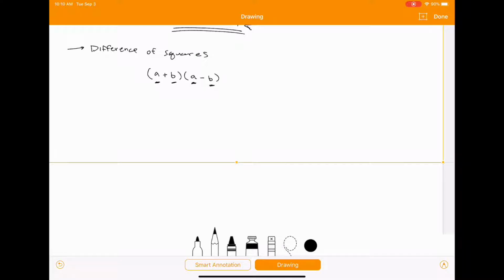So one's going to be plus and one's going to be minus. All right, and when that happens, all you're going to be left with is a squared minus b squared. So that's why we call it the difference of squares, because you just square the first one, square the second value, and put a minus sign between the two. So it's the difference of those two squares.